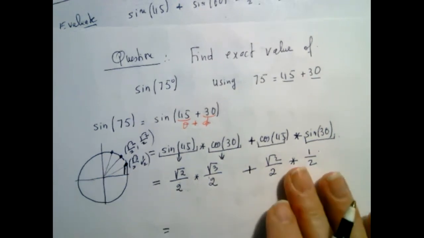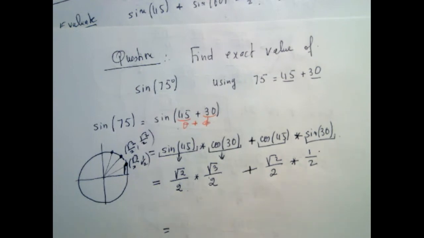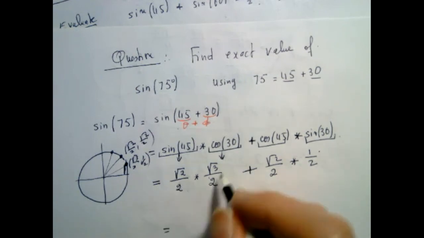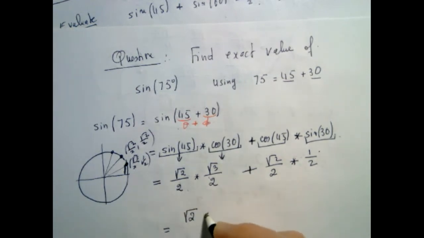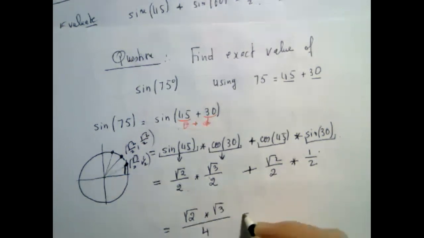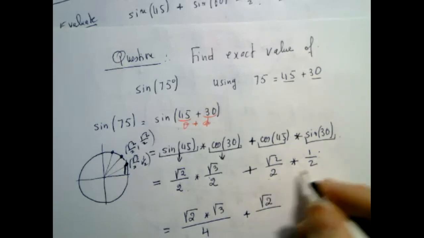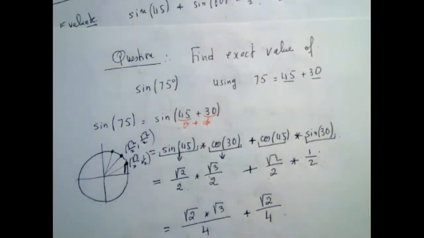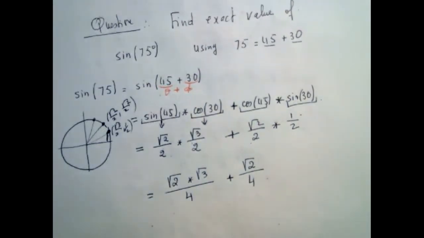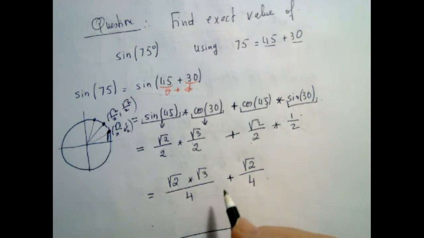And I want to keep the square root. I'm not really touching them unless I can simplify them. So here we multiply across the numerator and across the denominator, over 4, plus we get 4. So finally, I will get over 4, square root of 2 times square root of 3 plus the square root of 2.